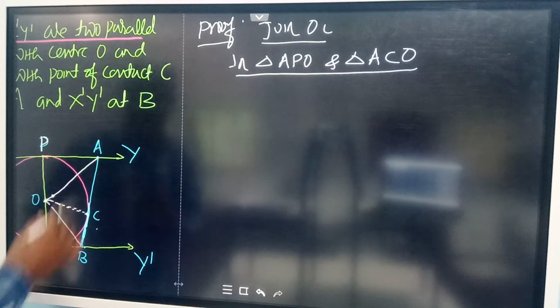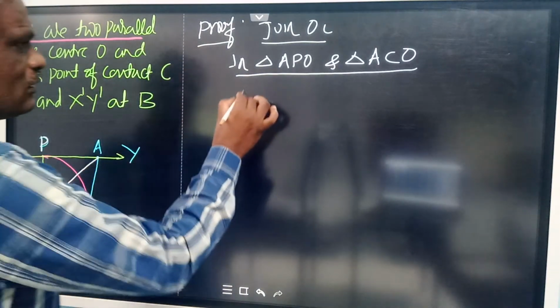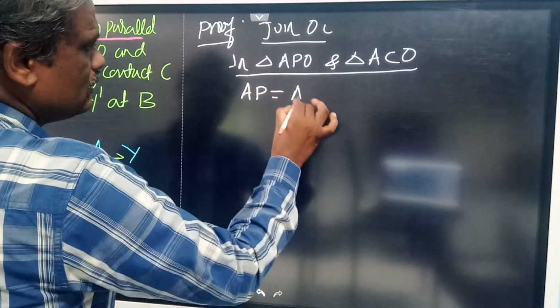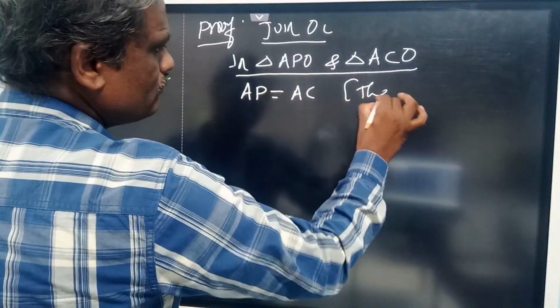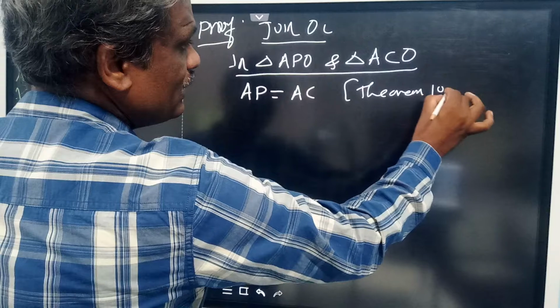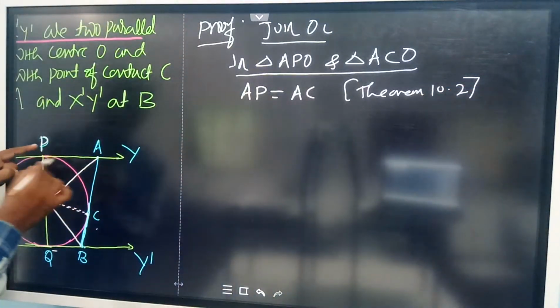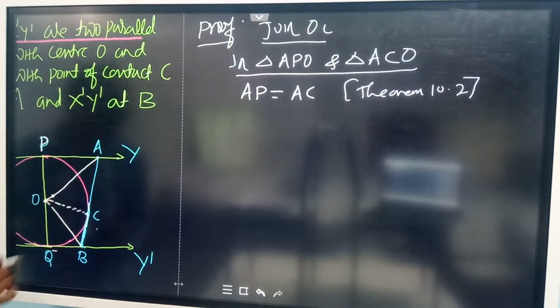You see now, you have AP is equal to AC, by theorem 10.2: tangents drawn from an external point are equal. AP is equal to AC, these two are tangents.